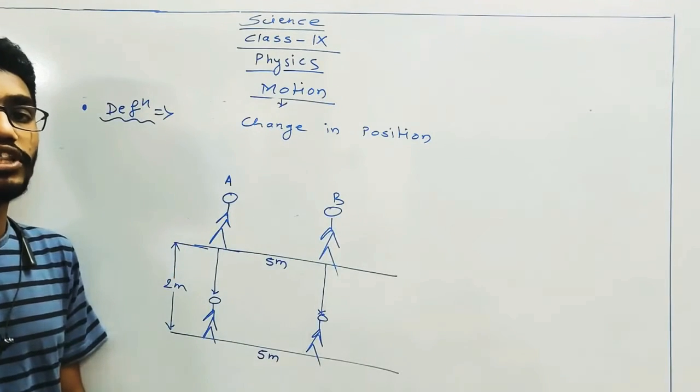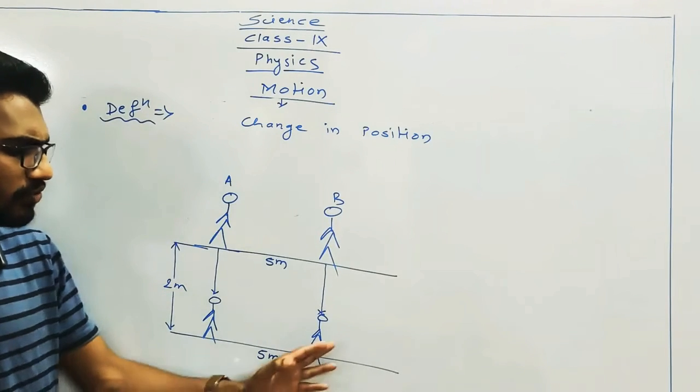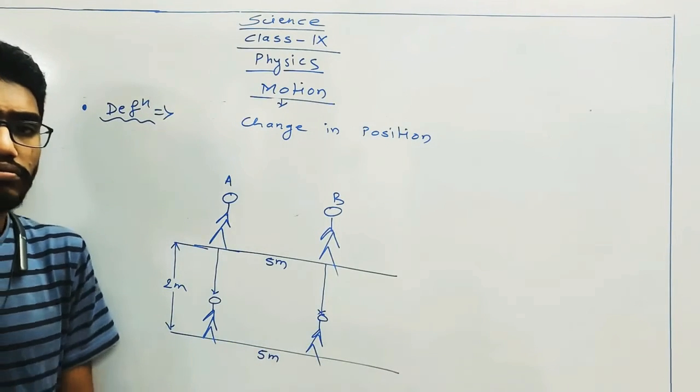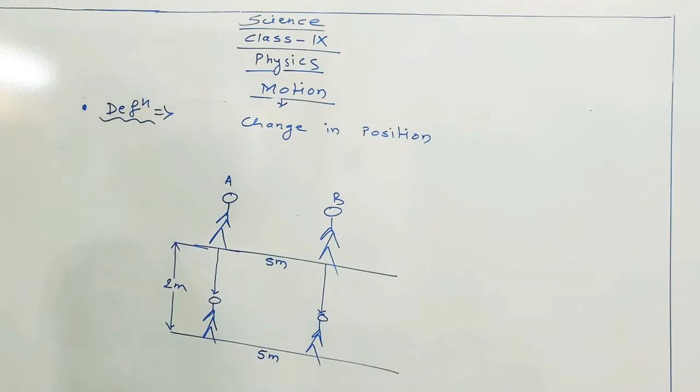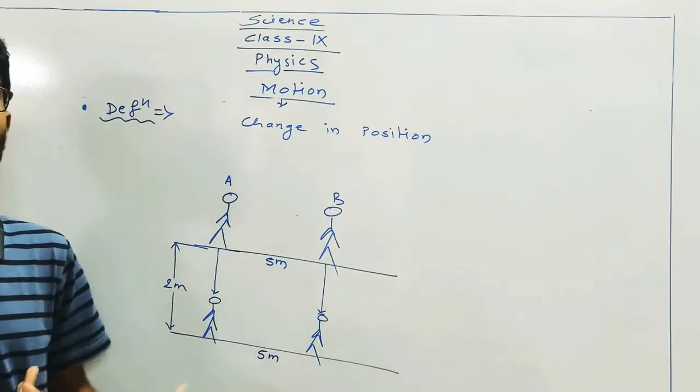Initially the difference between the two positions is of 5 meter. Finally also the difference between the two positions is again 5 meter. So the object, or the person, does not change its position with respect to each other.